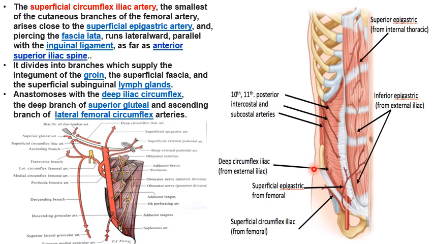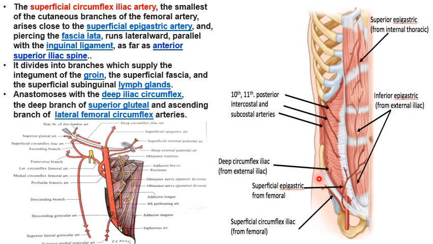This is the anterior superior iliac spine from where the inguinal ligament is attached to the pubic tubercle. So this courses along the inguinal ligament till the anterior superior iliac spine.